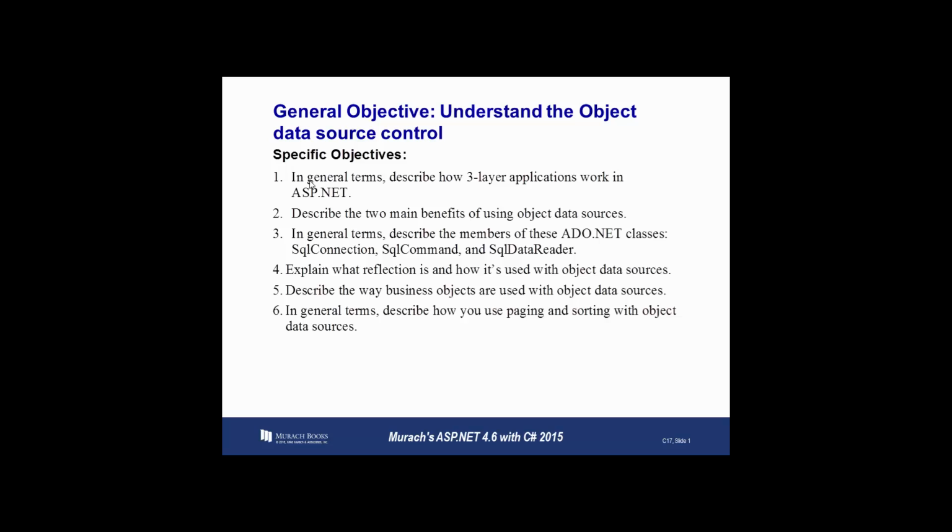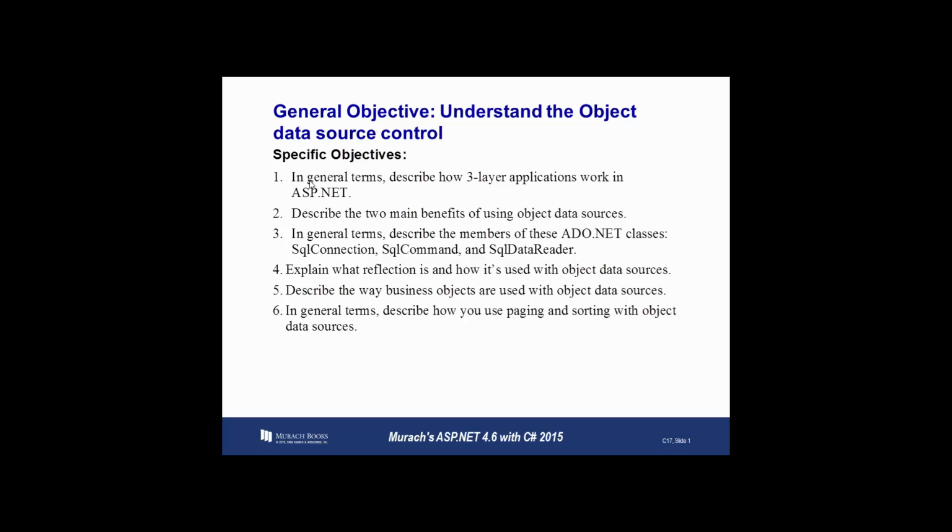Now, what you're going to find out in this chapter is that the labs that we're going to do are functionally no different than some of the labs we've already done. But the structure of the application will be different. And so from a functional standpoint, these applications can be scaled to large enterprise level applications.